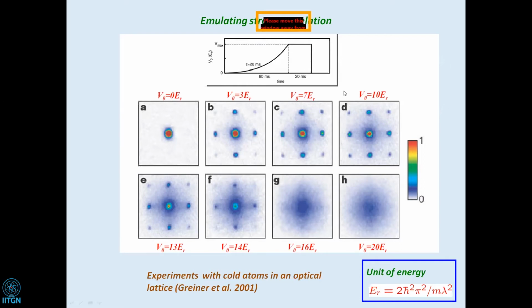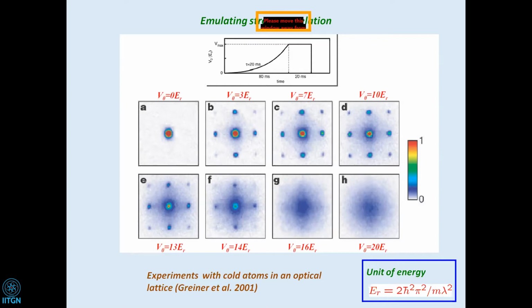After you drop the trap, these atoms expand in free flight, because you have dropped the lattice, you have dropped the trap, everything. These atoms are now a cloud which simply expands, and during this free flight, the trajectory of the atom is essentially determined by its initial velocity, or in other words, its initial momentum.